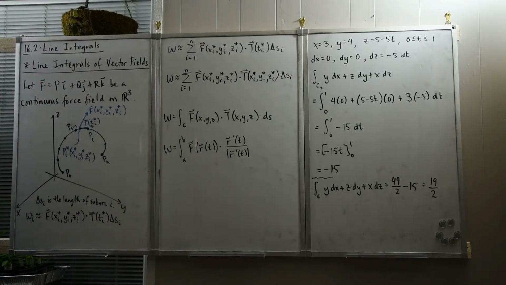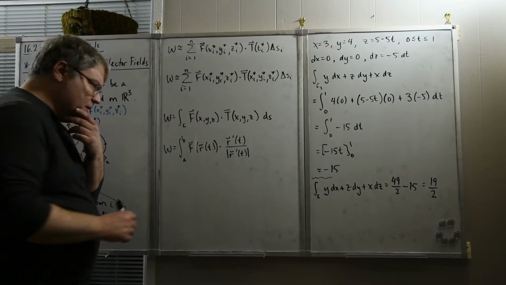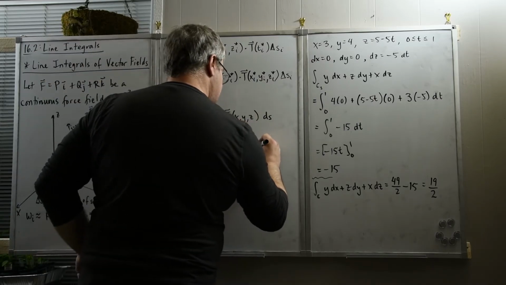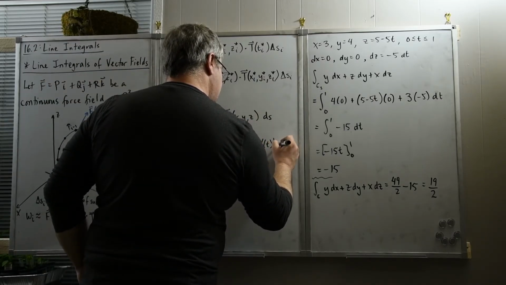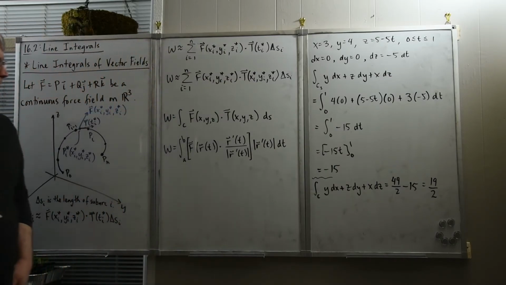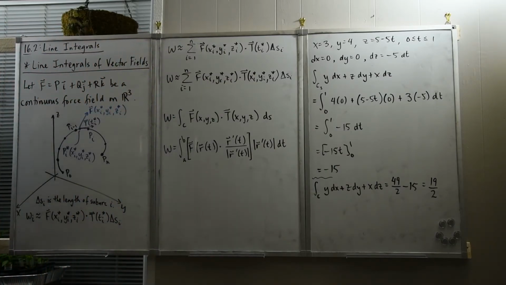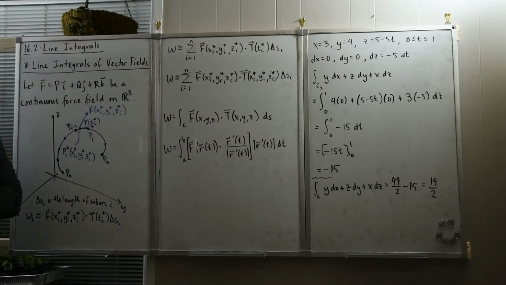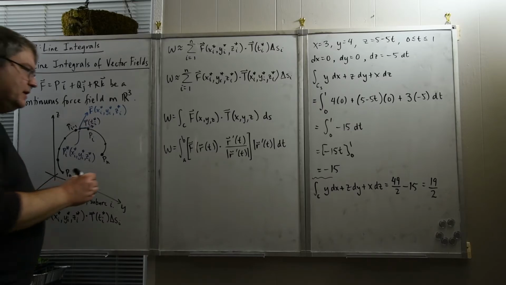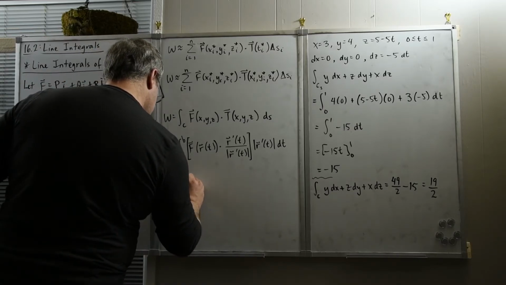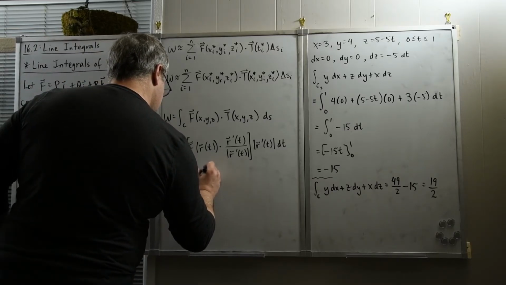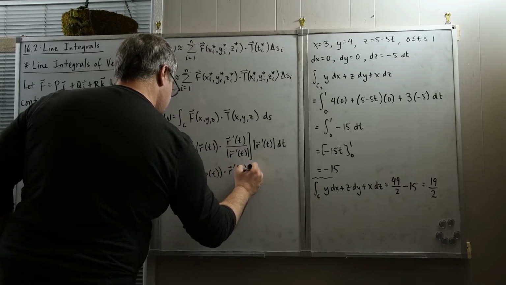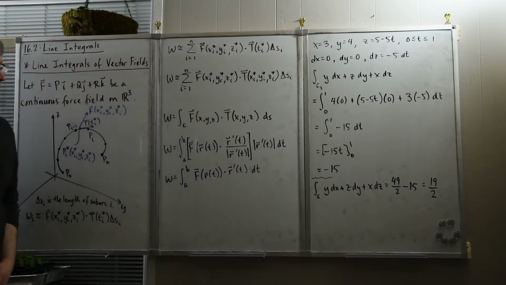And then we take a look at the ds, and one thing I mentioned a bit earlier in the section is that ds is the same thing as the magnitude of R prime of t dt. So the magnitude of R prime here and the magnitude of R prime here would reduce out, and that would give us that W is the integral from a to b of F of R of t dotted with R prime of t dt.